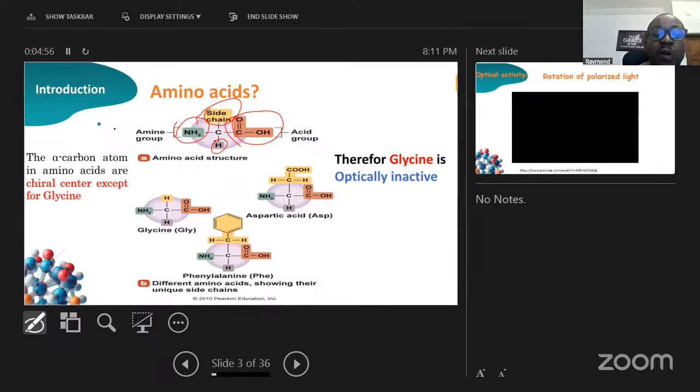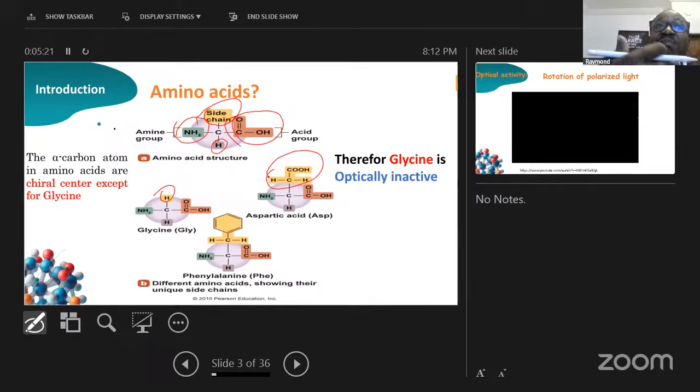So here, if we have hydrogen as the side chain, we refer to that amino acid as glycine. If we have CH2COOH, like what you're seeing here, we refer to it as aspartic acid or aspartate.